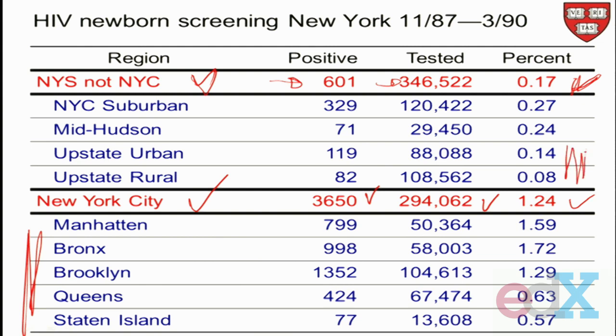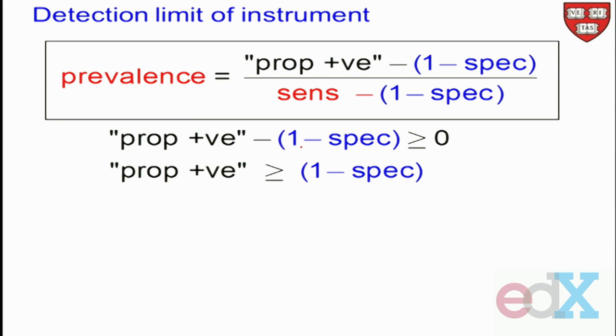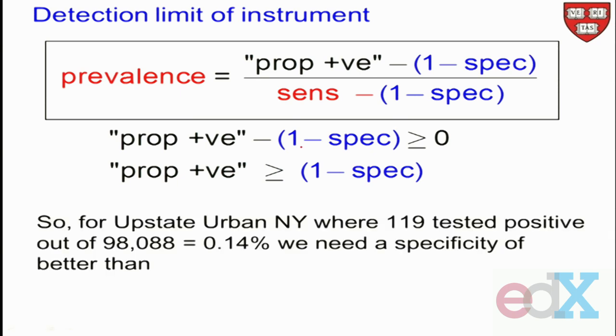All right? So let's take a look at some of these numbers here, the very, very low rates, and let's ask how possible is it that these are truly positive? Well, we said that we want the proportion positive to be bigger than or equal to 1 minus the specificity. In our upstate urban New York, there were 119 who tested positive out of the 98,088. So that gave us a 0.14% proportion positive.